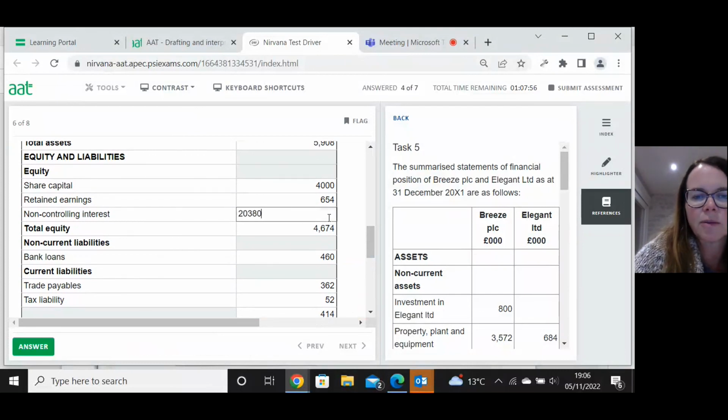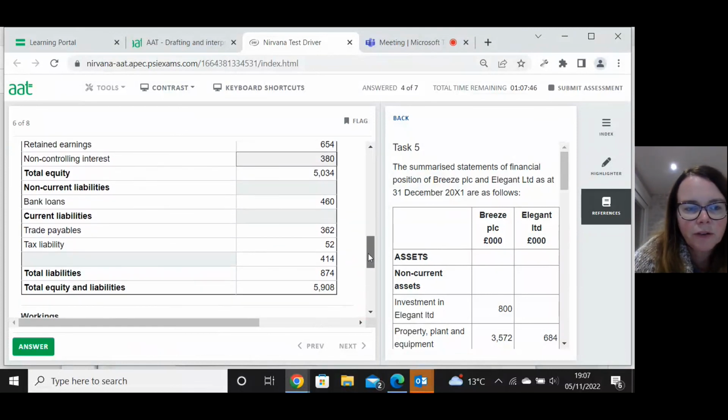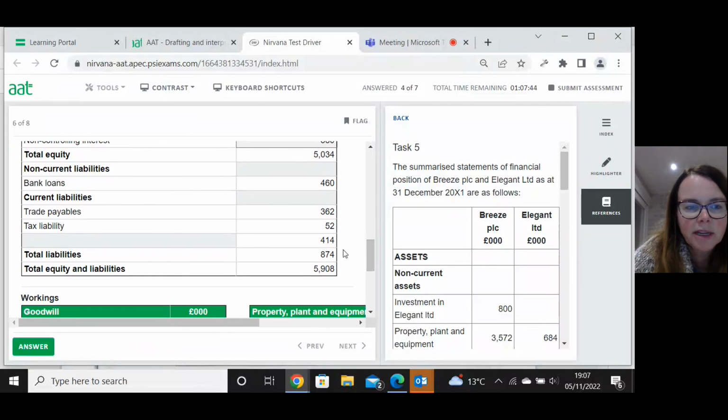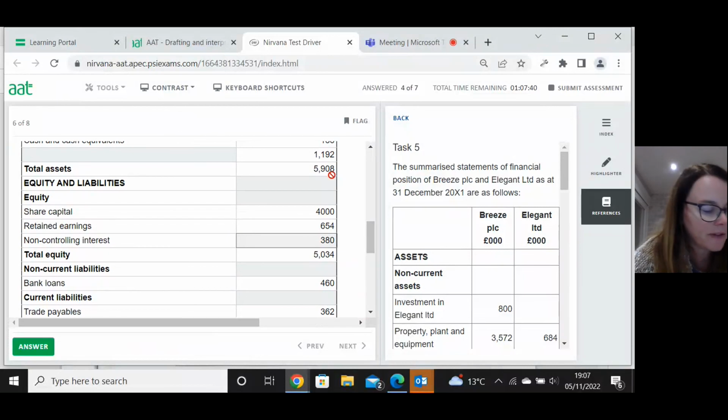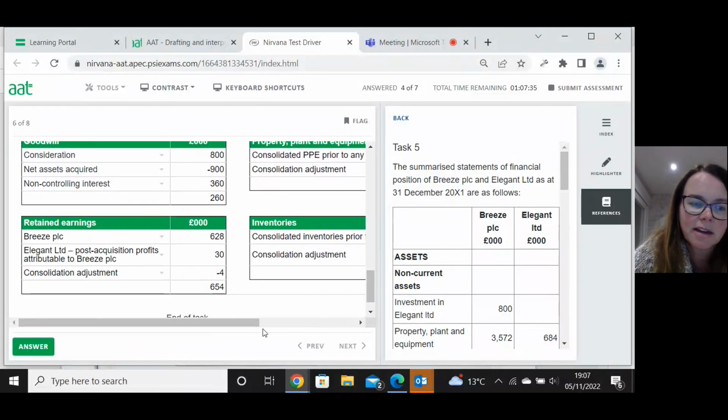I don't know why they don't give us a working for that one. Okay, so that's that bit. Everything else is filled in. So it's all added up for me. So 5908, 5908. Happy days. I have completed the consolidated statement of financial position.